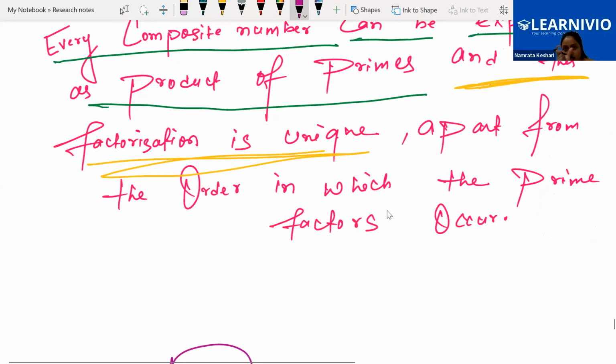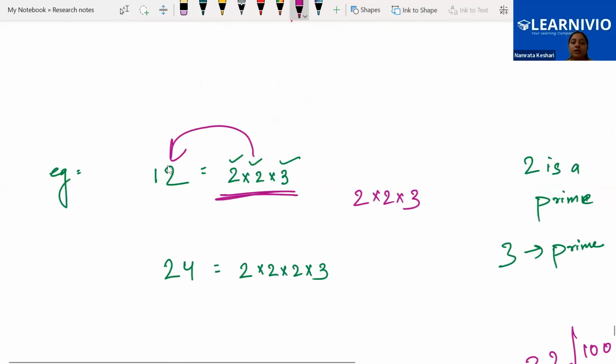This factorization, whatever you have got, is one and only one. It will generate one and only one result, that is 12 only. Similarly, for the other example, we can see the composite number we have represented as a product of primes, and the combination of 2 into 2 into 2 into 3 can only generate 24. It will never generate any other number when multiplied together.